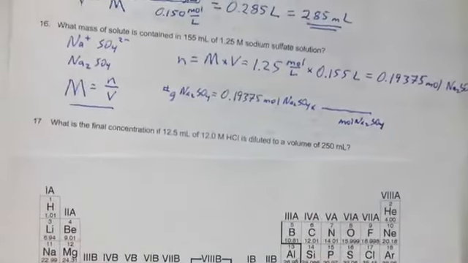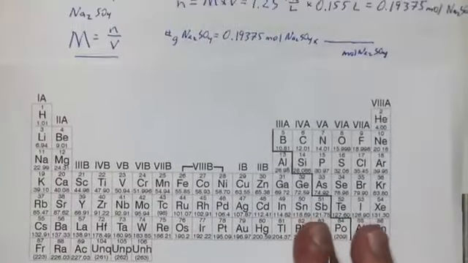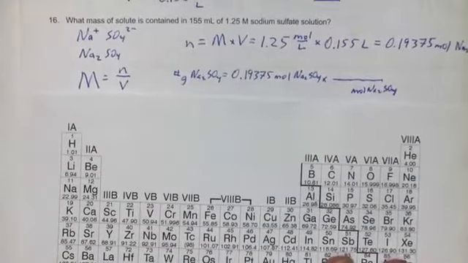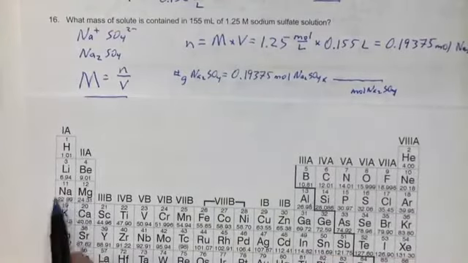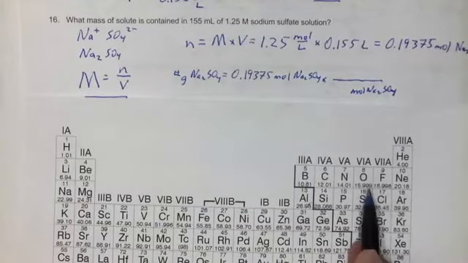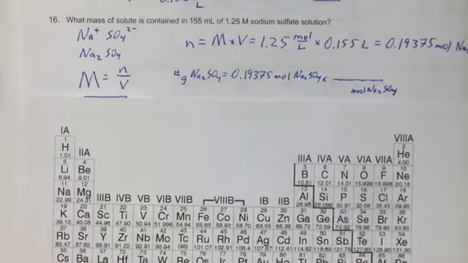And the molar mass, I get this from the periodic table. What I would do, I would use my calculator to determine this. In my calculator, I would enter 2 times 22.99 plus 32.06 plus 4 times 16 equals. You don't have to use parentheses or anything. Your calculator knows the hierarchy of operations.